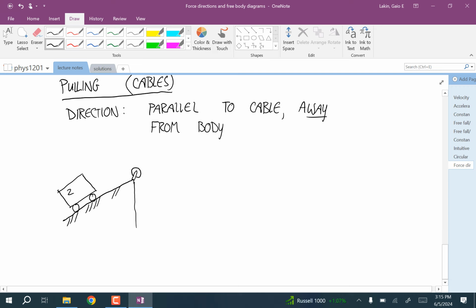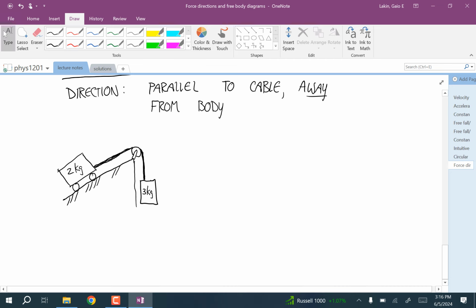Let's say this one has a mass of 2 kilograms, and this cable connects to the cart and then connects it to a hanging mass. Let's say this mass is 3 kilograms. Okay, so hopefully you can make sense out of my drawing here. We have this one cable that's connecting these two bodies.